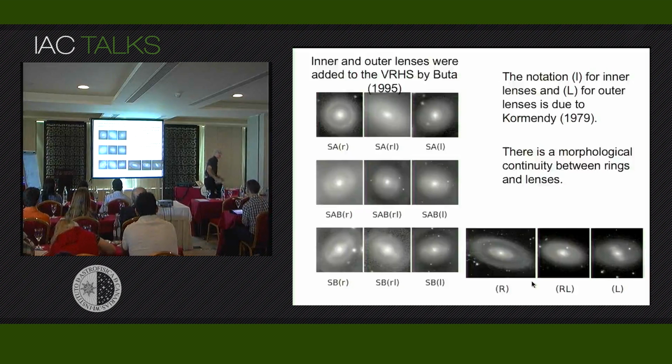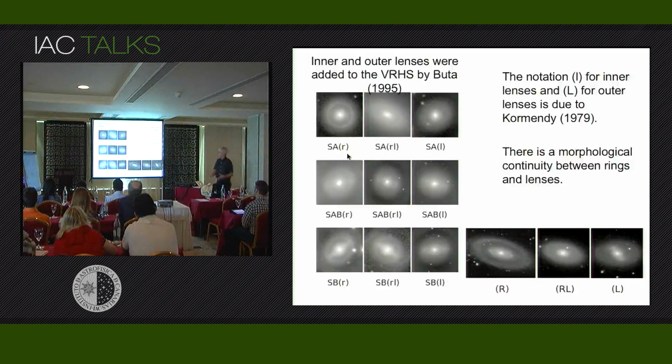Now, you can be audacious. Why make this system more complicated than it already is? And, John has introduced lenses, and lenses are great. Lenses are very important features in galaxy structure, and you can see some continuity in them. So here, in the 1995 article called The Catalog of Southern Ringed Galaxies, I decided to follow John's example and recognize lenses in the classification.